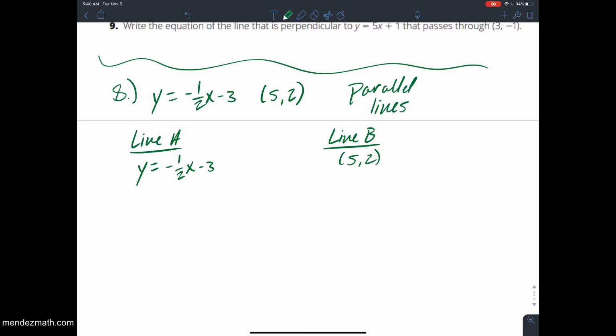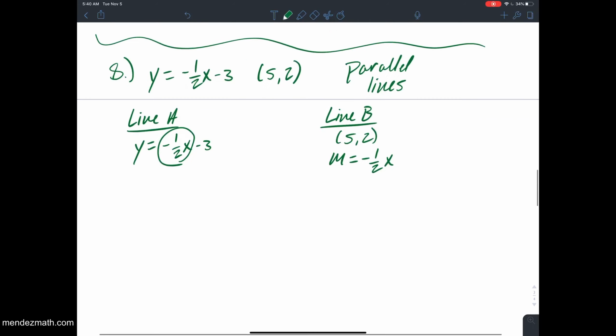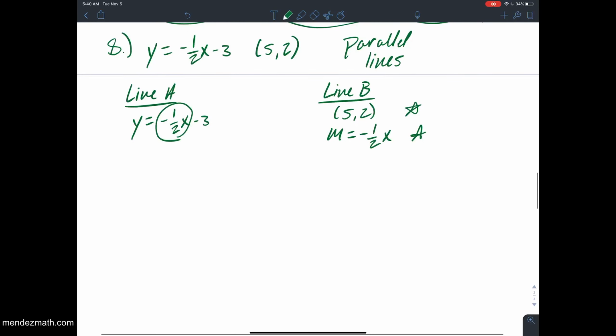Slope. So m here is going to be the same as this slope right here, negative 1/2. So all we got to do is, given this slope and this point, find the equation of line B.